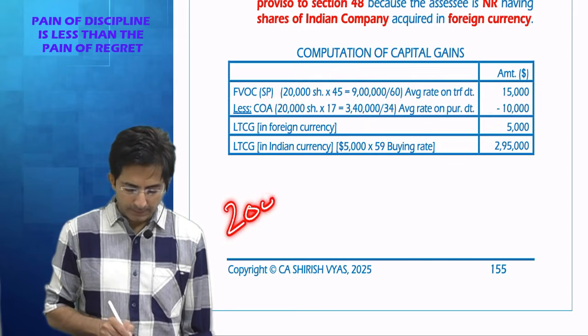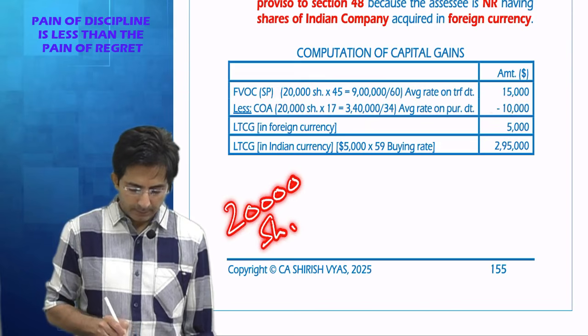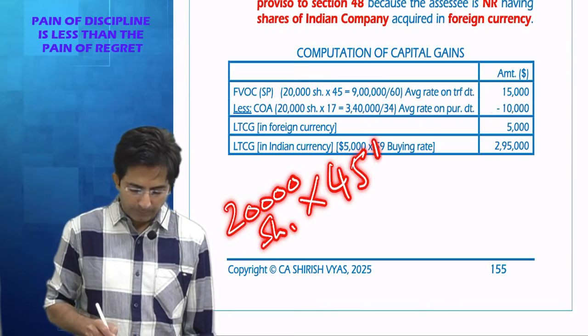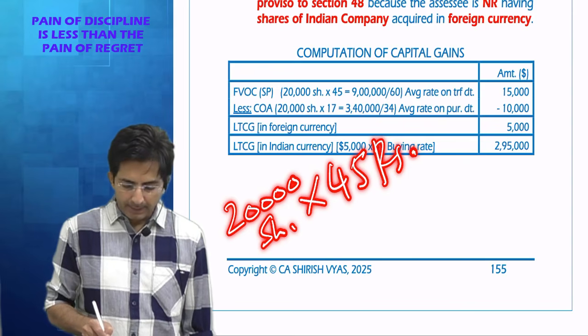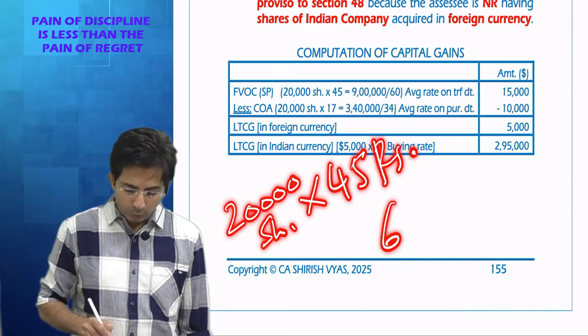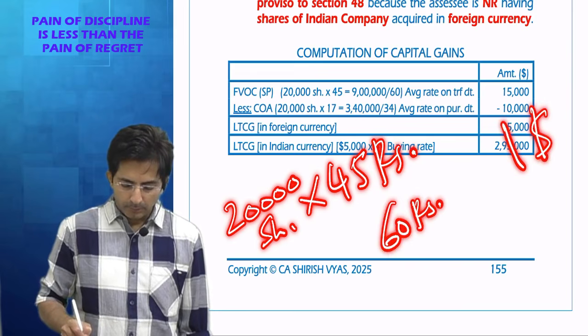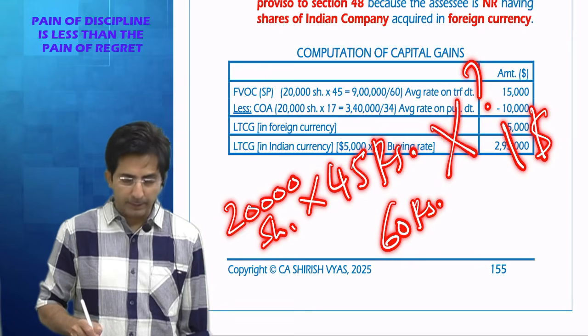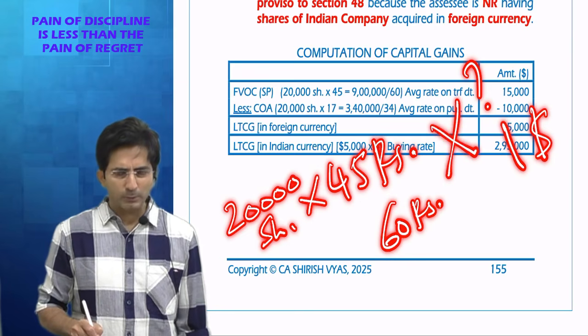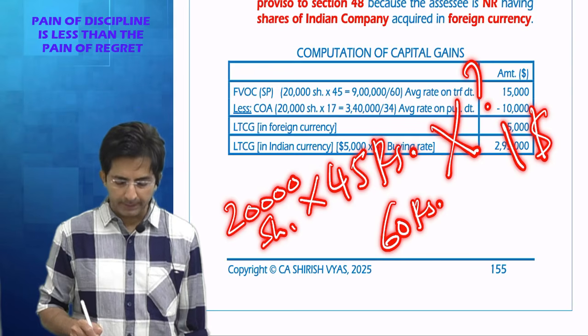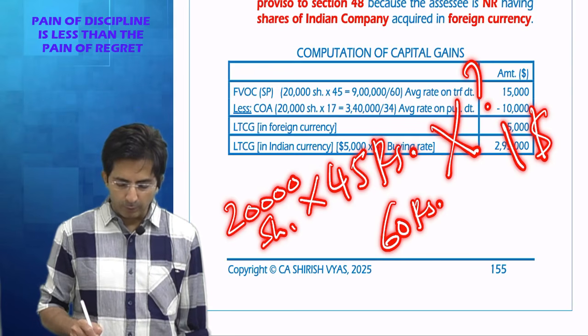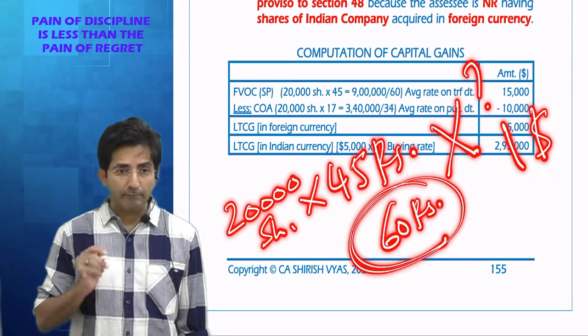Actual selling price is 20,000 shares into 45 rupees. This is in rupees, and 60 rupees makes $1. So these many rupees will make how many dollars? By cross multiplication, your sale price comes to $15,000. That conversion is according to $1 = 60, the average rate.